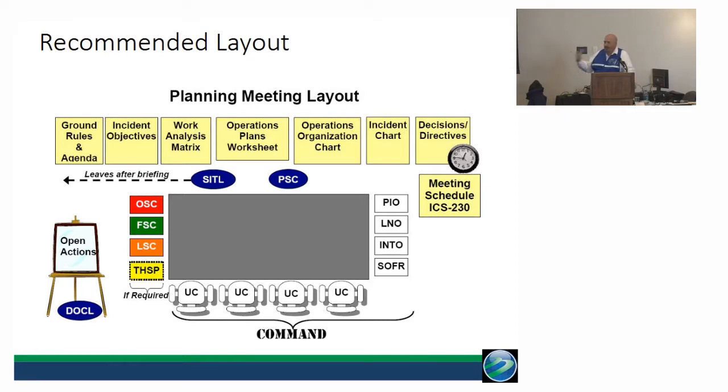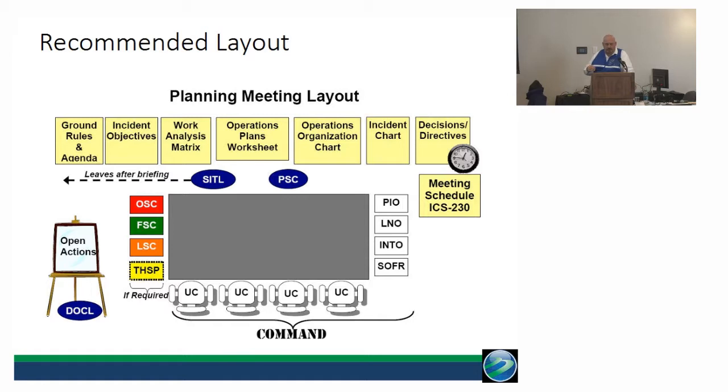But it helps, and it may be very effective when your operations section chief is briefing out his plan for the day. He can go to the 234 and the 215, the planning worksheet and the work analysis matrix, and show exactly and discuss in detail.